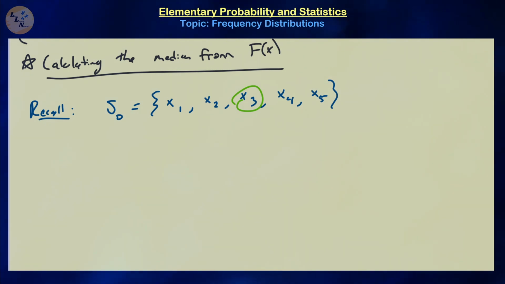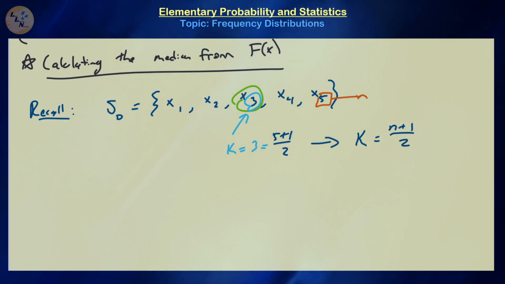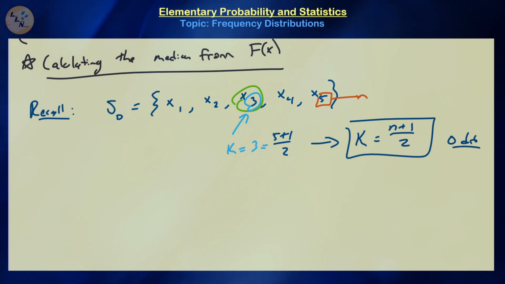So one important question is, how do we get the rank or the index associated to that particular element 3? So 3 can be found by taking the sample size n, which is 5 in this case, adding 1 and dividing by 2. So in general, the rank associated to the median is always going to be n plus 1 over 2. That's always for odd cardinality data sets.